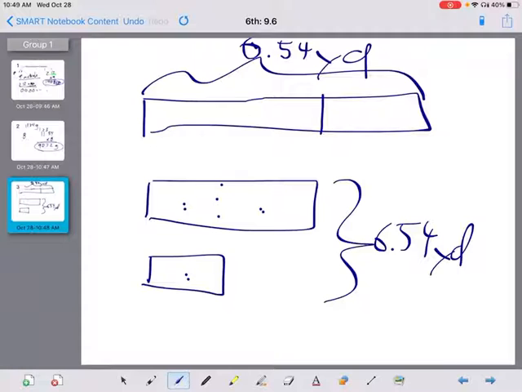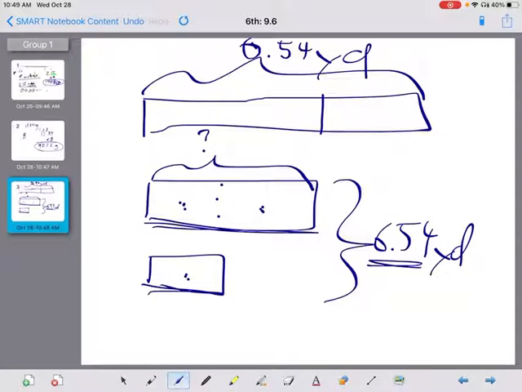So then it says one piece is twice as long as the other. What is the length of the longer piece? We have to put a question mark by the piece that we're trying to figure out. And yes, this is exactly how I want you to do it when you're doing the assignment. It's going to make it a lot simpler for you, because it shows you that even though this piece is twice as long as this piece, the 6.54 is split into 1, 2, 3 equal pieces.